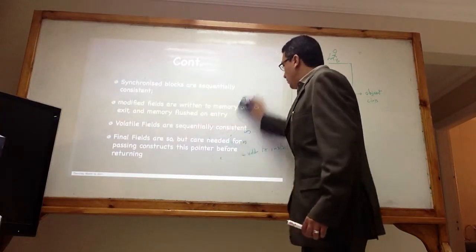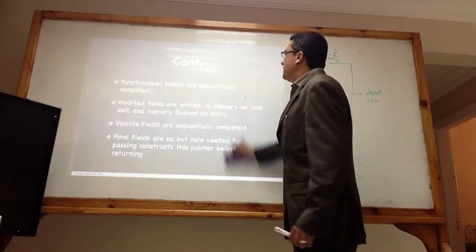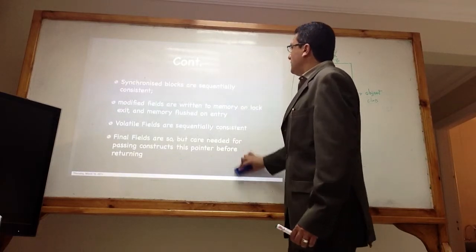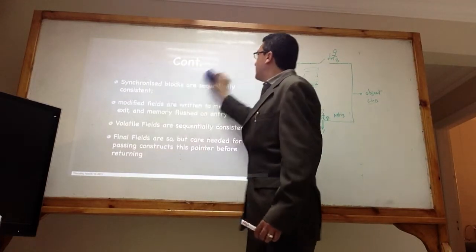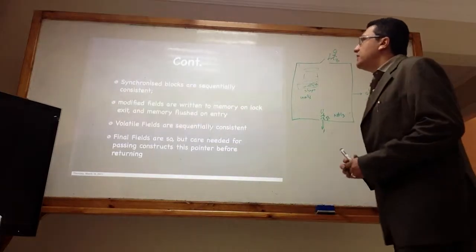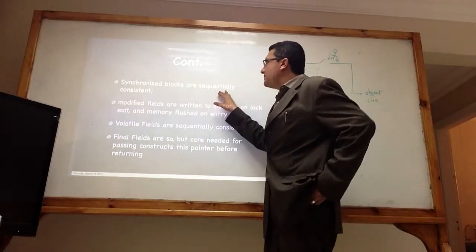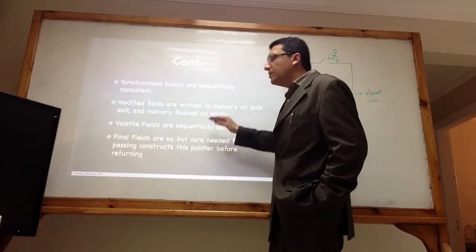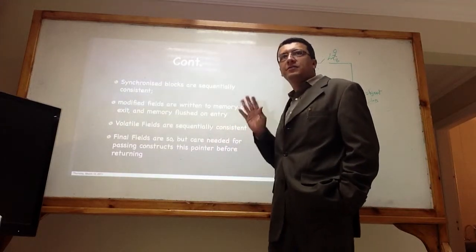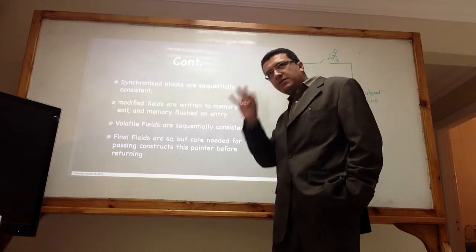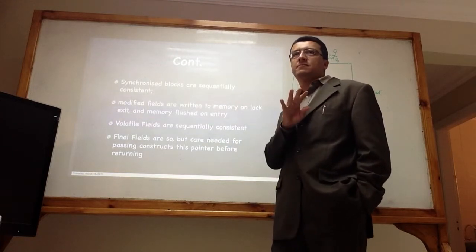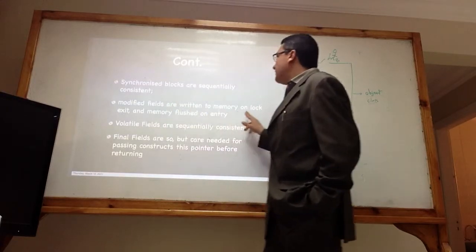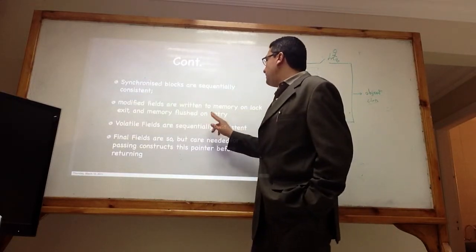Right. So basically, for working with memory, the synchronized blocks themselves are sequentially consistent. So if you have block number 1, and then block number 2, block number 3, it's guaranteed. Executing blocks together, they are sequentially consistent. Modified fields are written to memory on lock exit and memory flushed on entry.